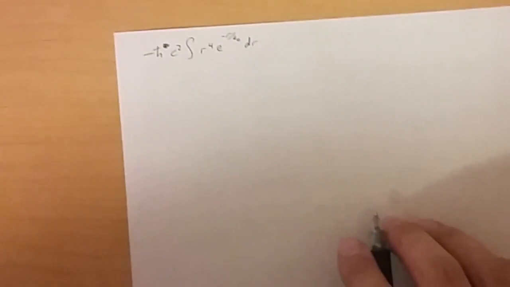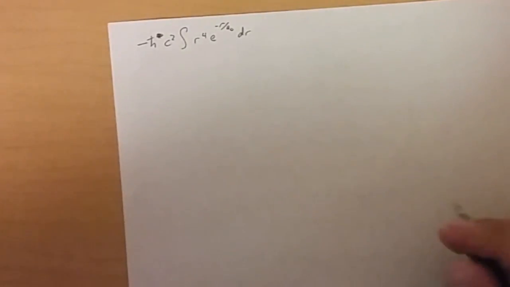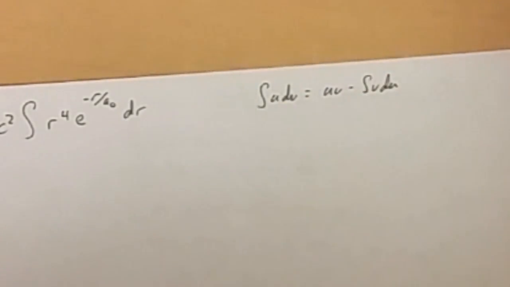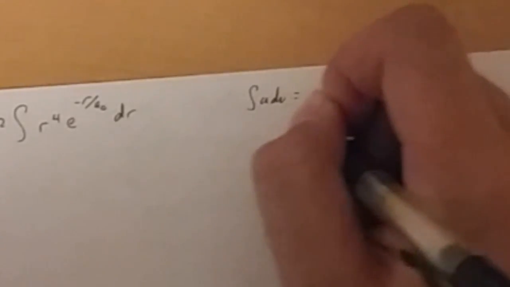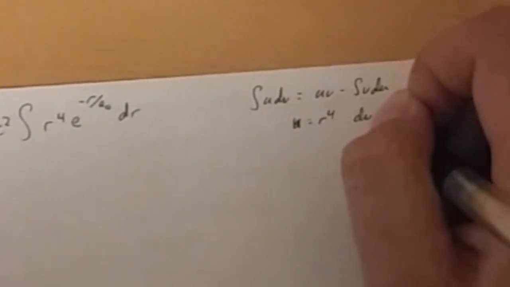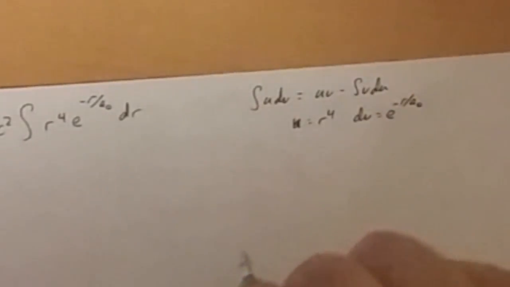So to solve this, we have a handy formula called integration by parts. The integration by parts says that the integral of u dv equals uv minus integral of v du. So I'm going to say that u equals r to the 4th, and dv equals e to the negative r over a naught.